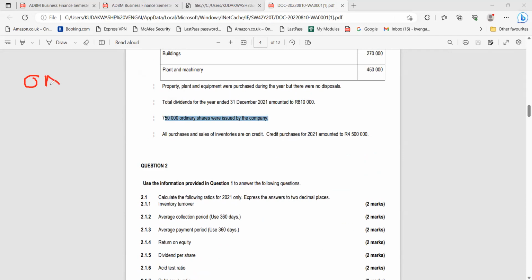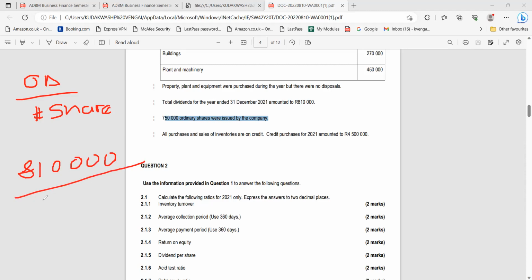So ordinary dividend over number of shares. That's basically it, right? So ordinary dividend, you know, it's 810. Number of ordinary shares, 750.